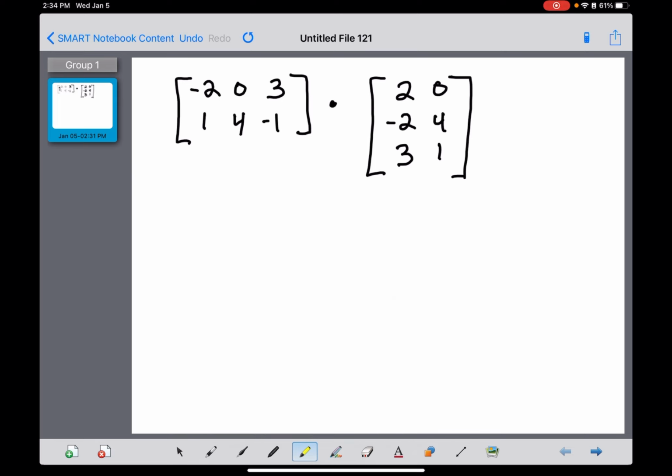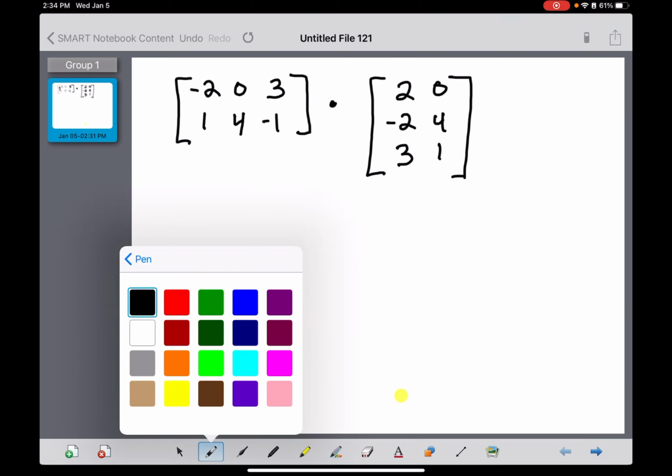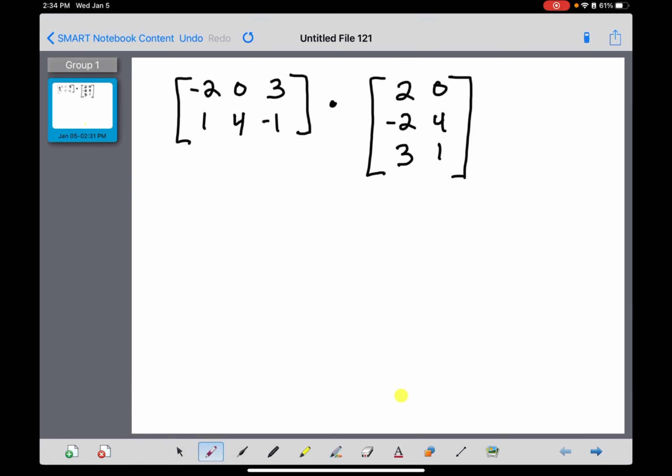Remember, when we're doing these, the first thing you have to check is that you can multiply them. The way we determine if you can multiply them or not is you look at the dimensions. That's a 2 by 3. This is a 3 by 2. Number of rows by number of columns.